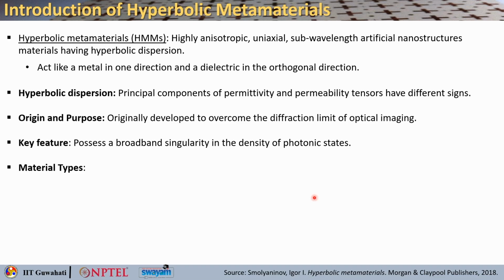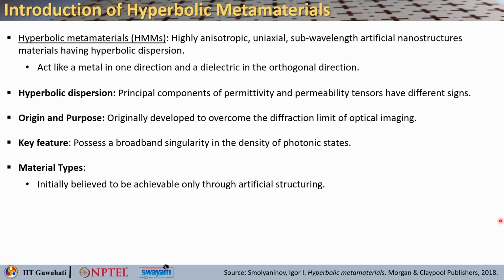It is interesting because it can enhance spontaneous emission. Light sources kept near this kind of material may emit light much faster, that is, it can shorten the spontaneous emission lifetime, okay, and it can also modify light propagation.